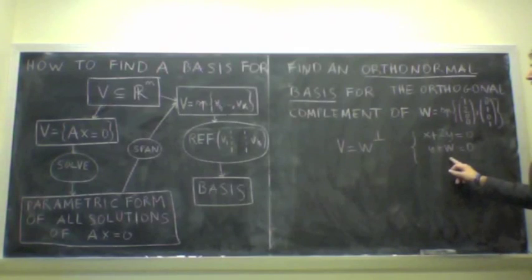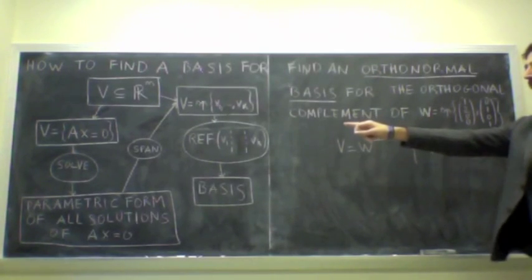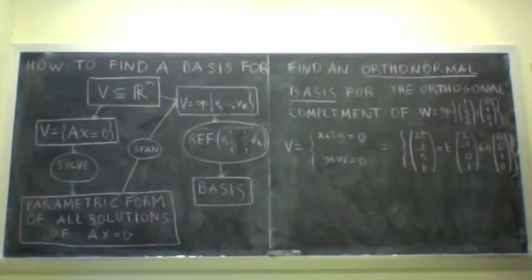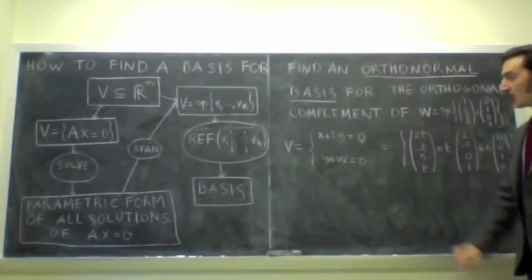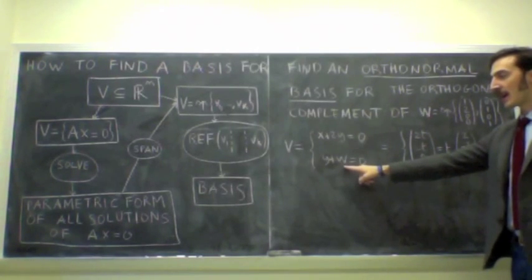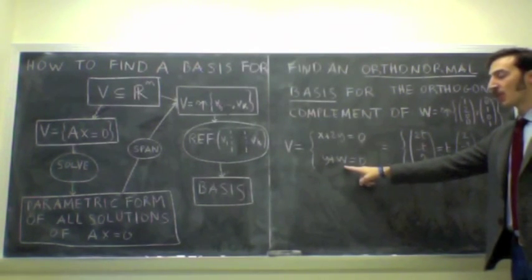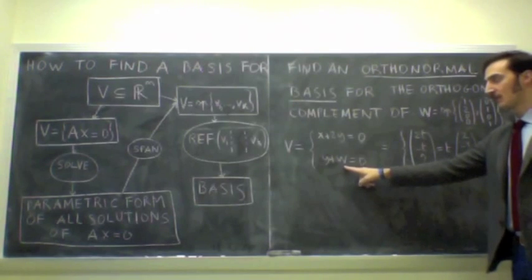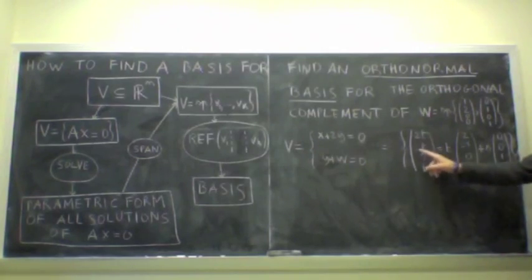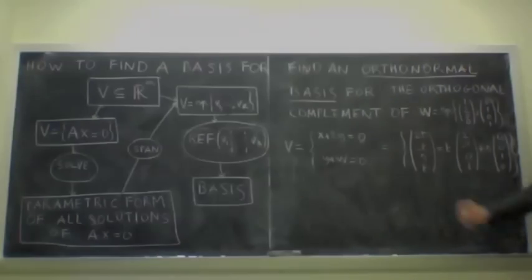So what we simply have to do in this case is to call back our previous procedure. What the procedure requires is to solve this linear system first and to find a parametric form for all the solutions to this linear system. I have found this parametric form for you. So all the solutions to this linear system are of the form (2t, -t, s, t).